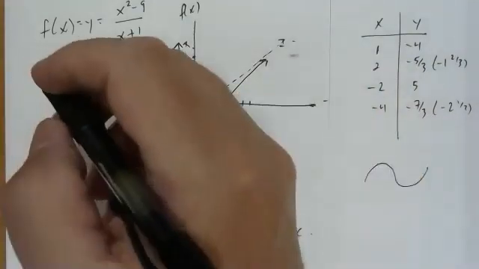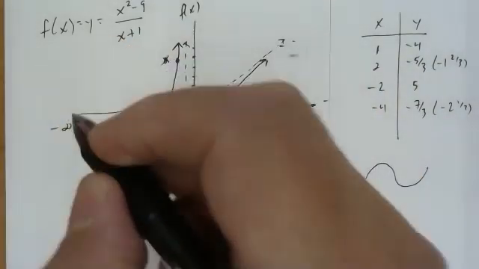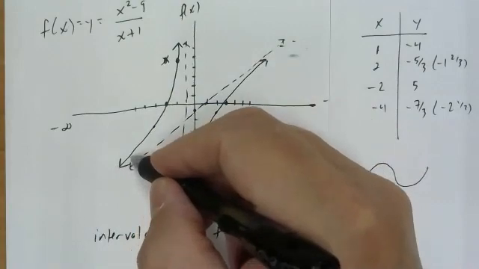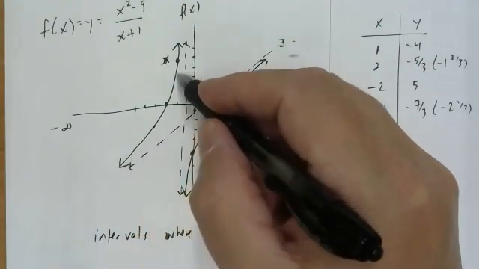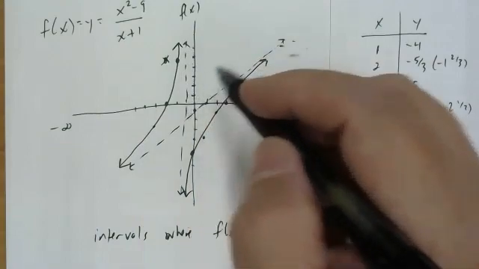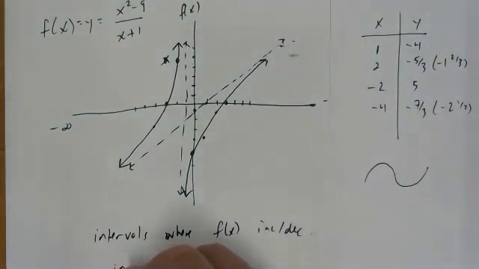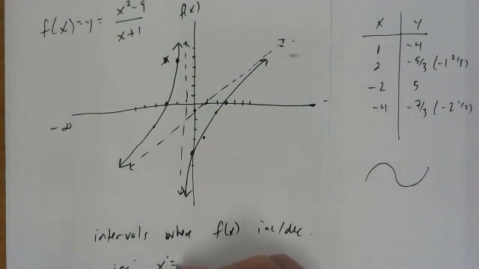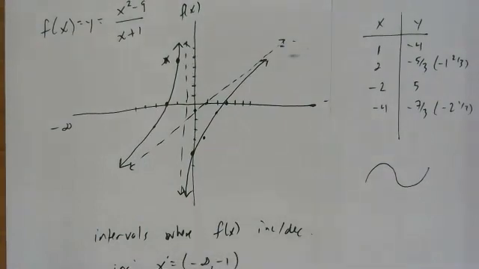So it starts here at negative infinity, and it's increasing, increasing, increasing, up until it hits this asymptote, which is -1. So increasing region, negative infinity to -1. This is an interval.